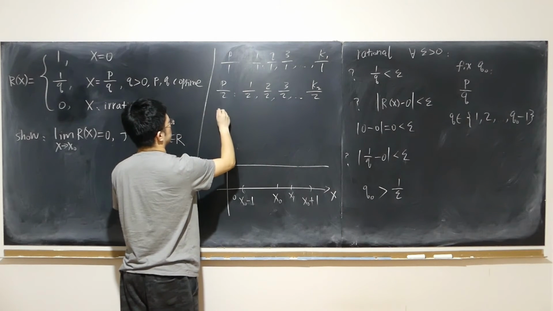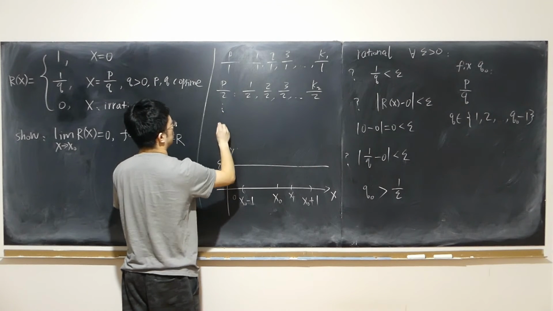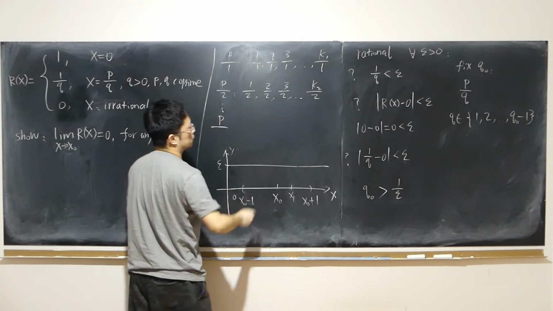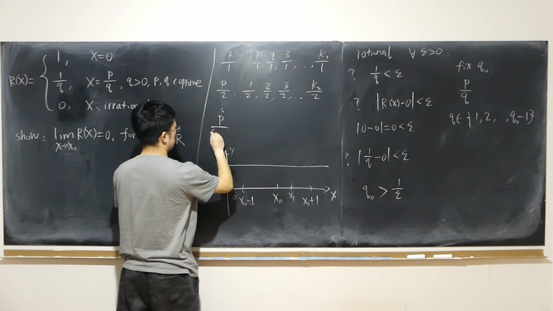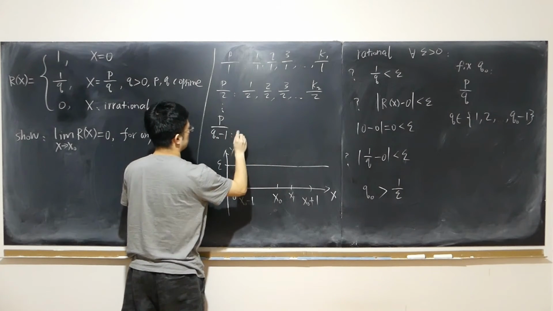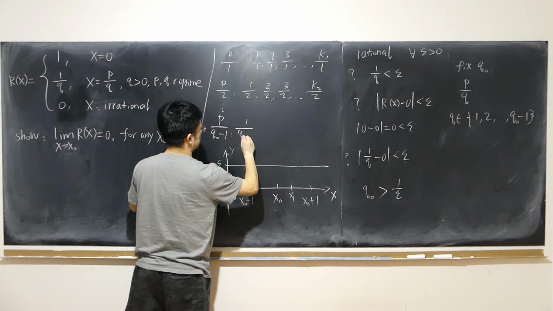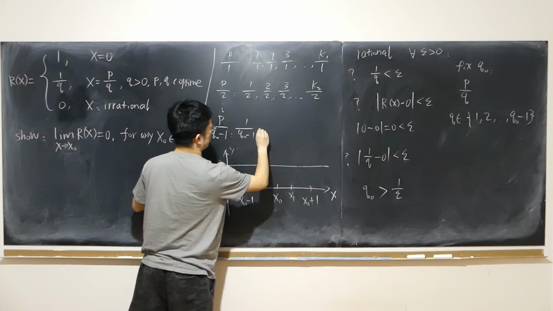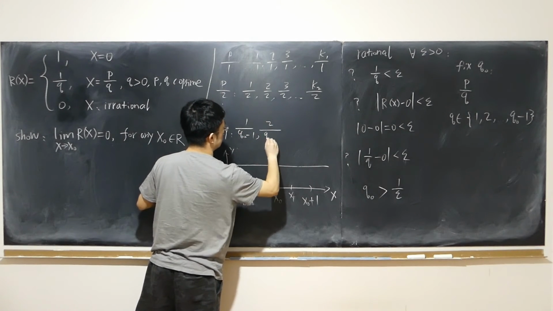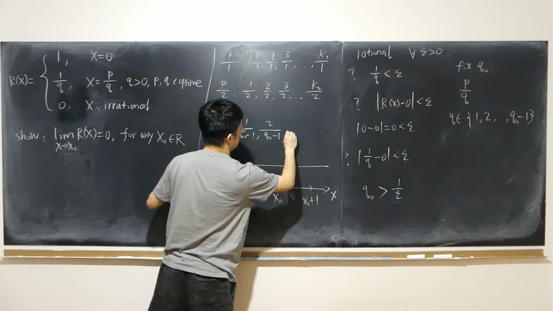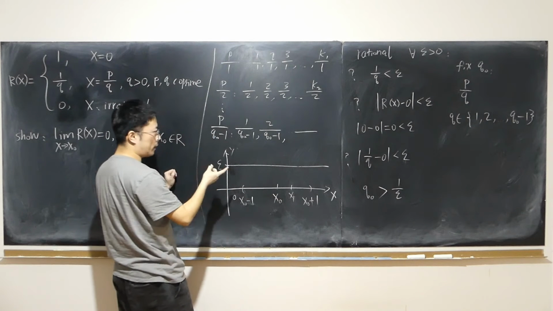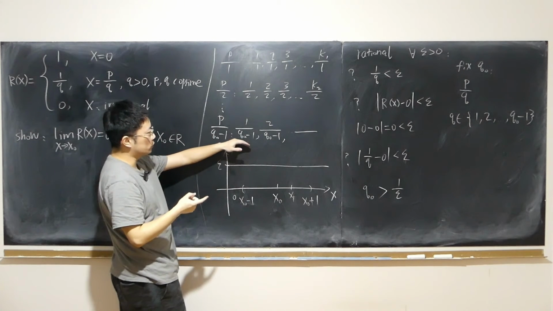All right, likewise, p over q naught minus 1. 1 over q naught minus 1, 2 over q naught minus 1. Only finitely many of them, because q naught is fixed.